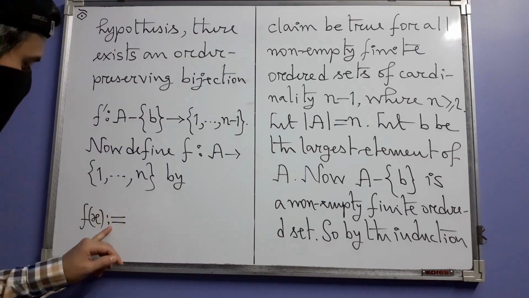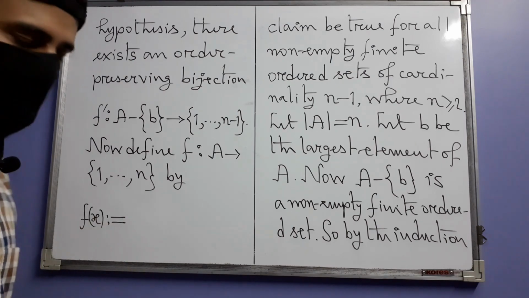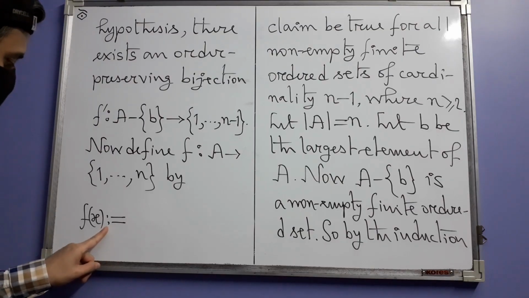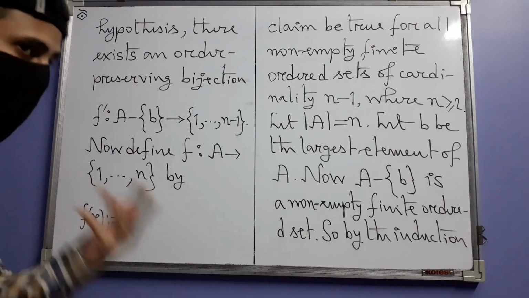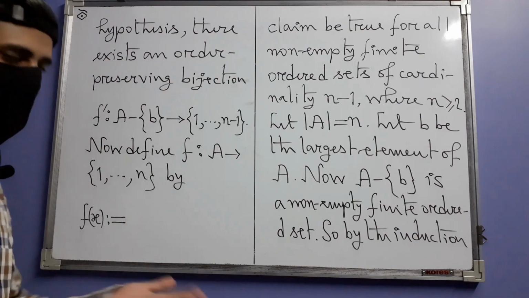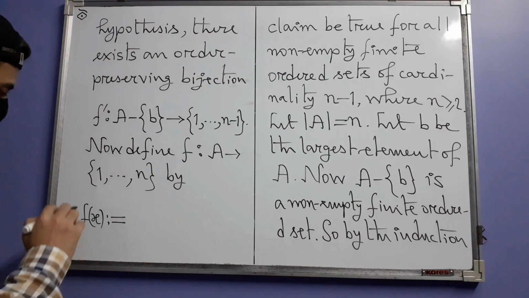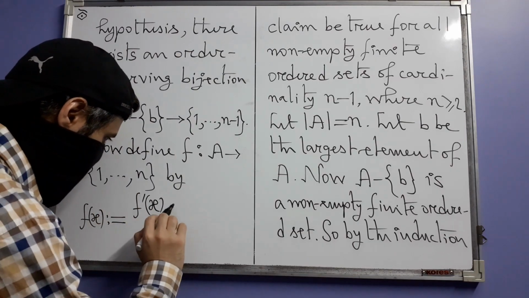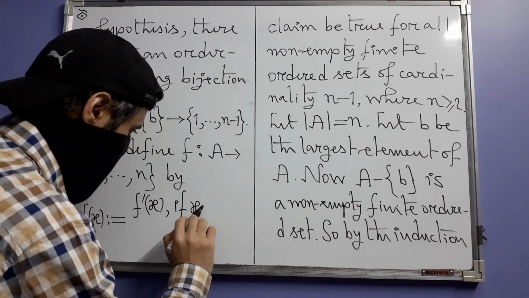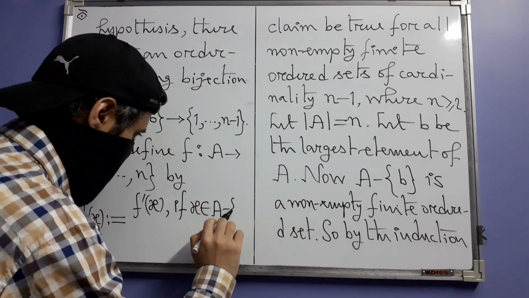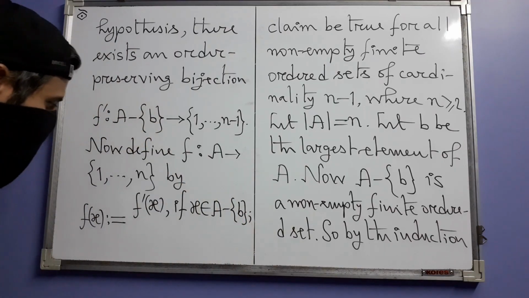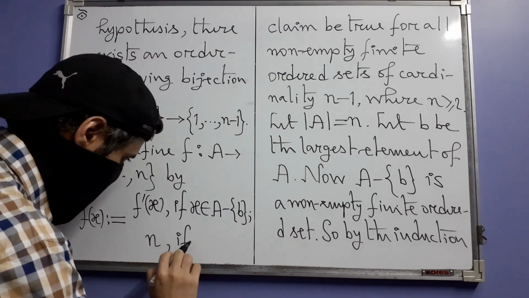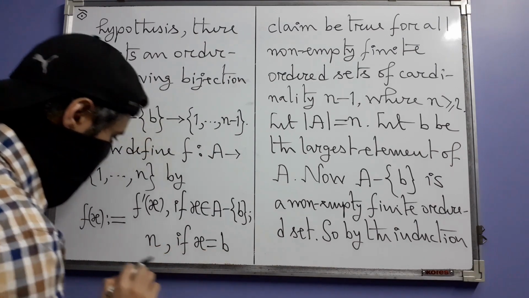This I am adopting from Terence Tao's analysis. This means that something is being defined. The side on which you have the colon is the thing that is being defined, and the meaning lies on the other side of the equality. So f of x is defined to be equal to f prime of x if x belongs to A difference B, and it is equal to n if x is equal to B.